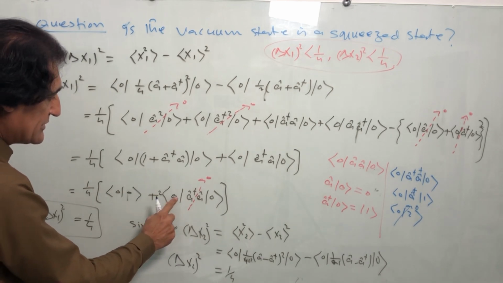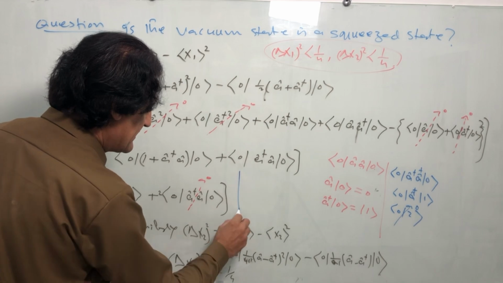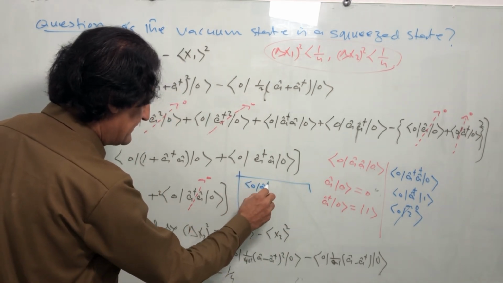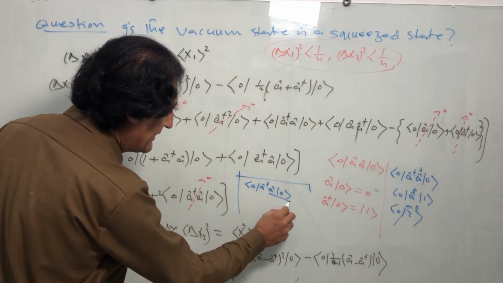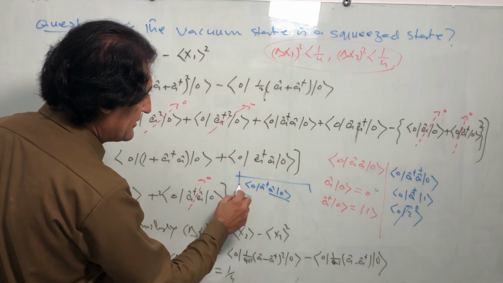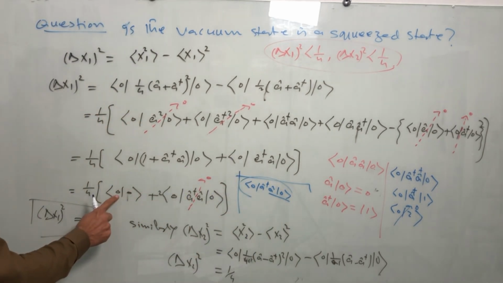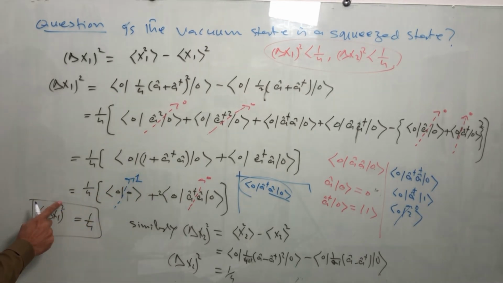This also equals 0, because if a†a is applied on the 0 state, it goes to 0. So the whole term is equal to 0, and from here we get this equal to 1, and we get (Δx1)² equal to 1/4.